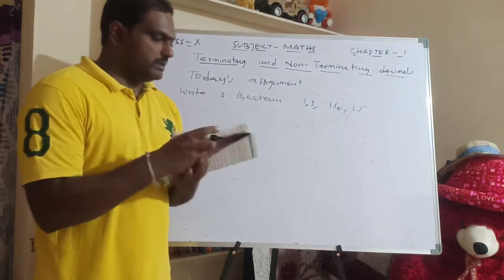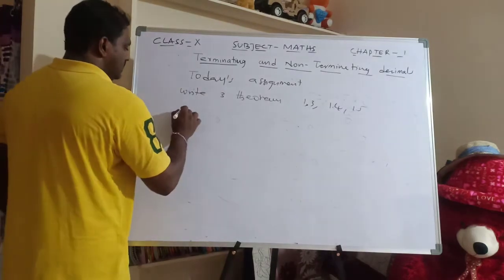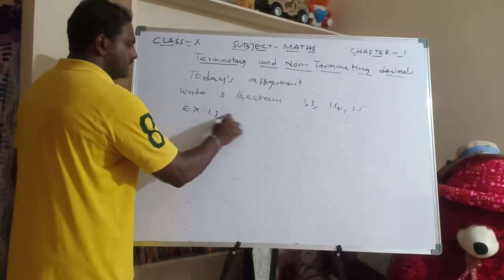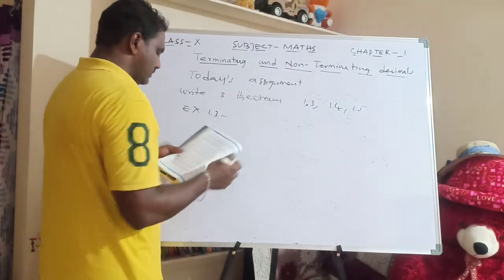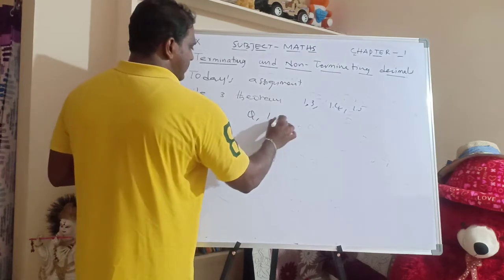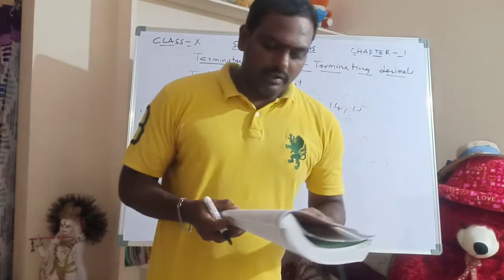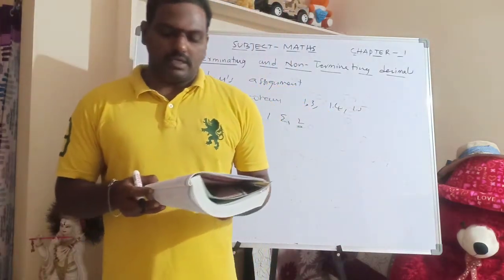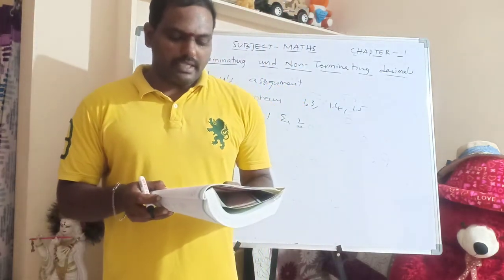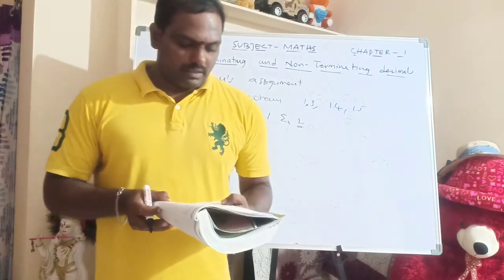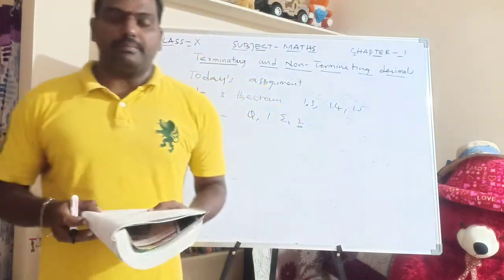After that, exercise 1.3, question number 1 and 2. So what is question number 1? Write the following rational numbers in their decimal form and also state which are terminating, which are non-terminating and repeating decimal.